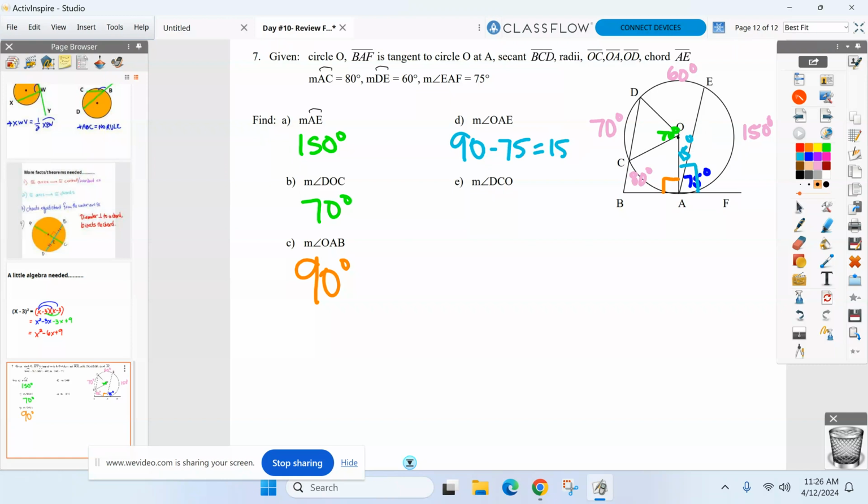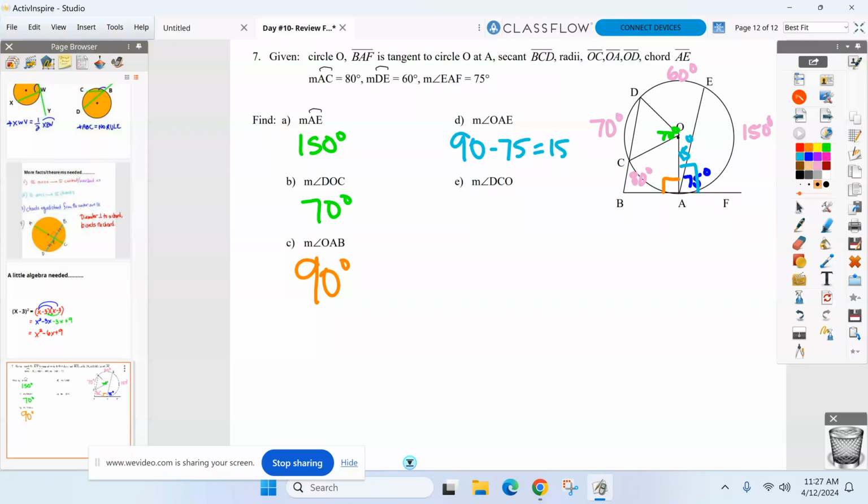Ooh, and then we get to the tough one, DCO. Yikes, DCO. Inscribed? Central? Nope. Not a floater. We don't have a name for this one either. We do not. This is why I picked it. We do not have a name for that, so that means I can't tell you how to find it.